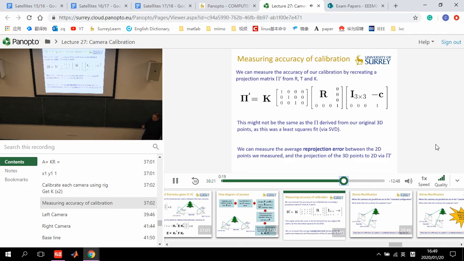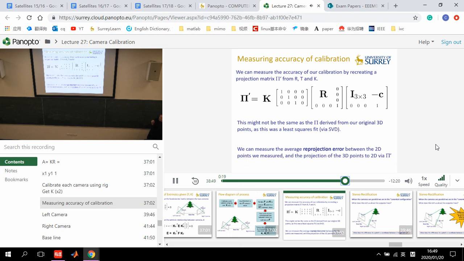So what we could do is take the images that we have used to do this calibration, or even some new ones, of our 3D object, take those 3D points and push them through this projection operator. In other words, multiply them in homogeneous form by this operator to get their locations in 2D, and see how closely those 2D points land to the actual images of those points in our photo.